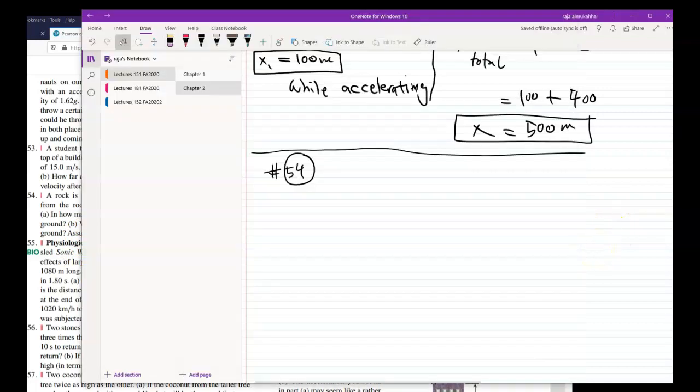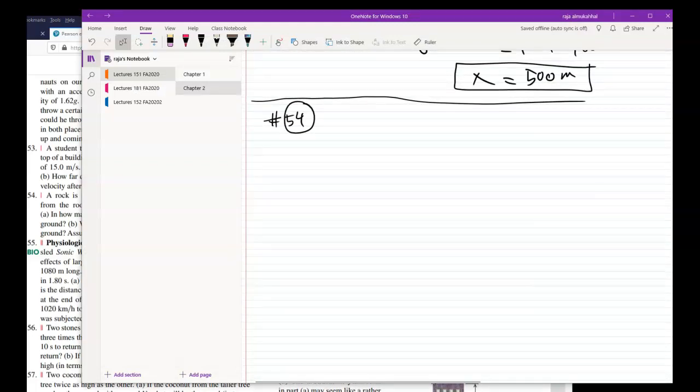All right, let's see. Let's draw a free body diagram and write down what's given to us. Here is the building right here. Here's the ground. Here's the rock thrown directly upward like that, and then it falls to the ground like that. And then there is the rock right before it hit the ground.